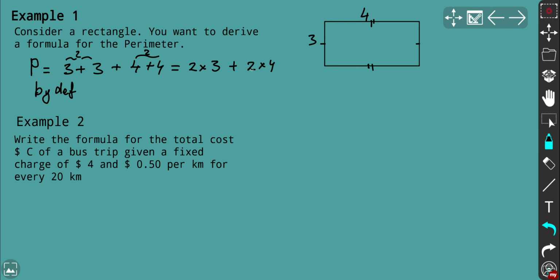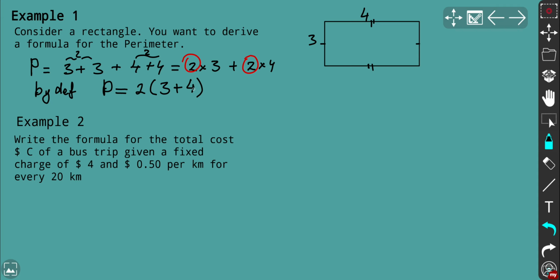So 2 is common, and we can actually factorize. We take 2 out and say that in general the perimeter will have the following structure. We get 2, and what is left in brackets is 3 plus 4.